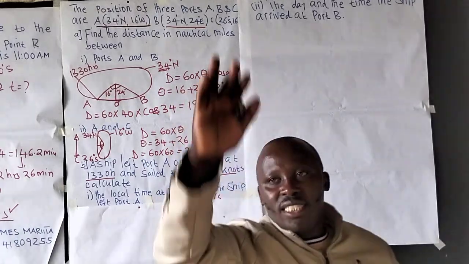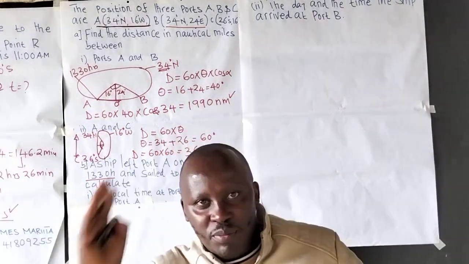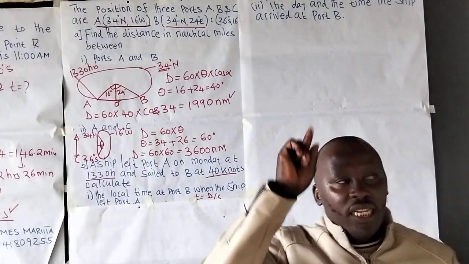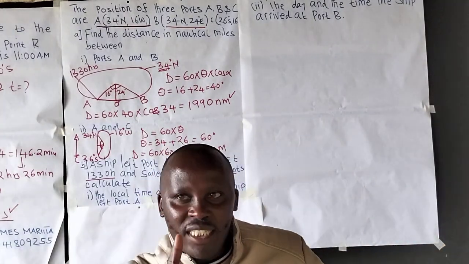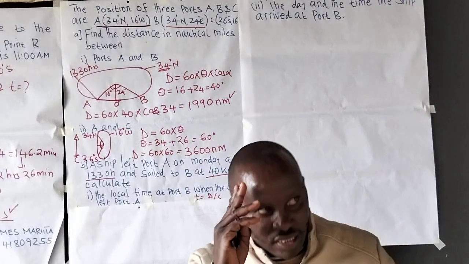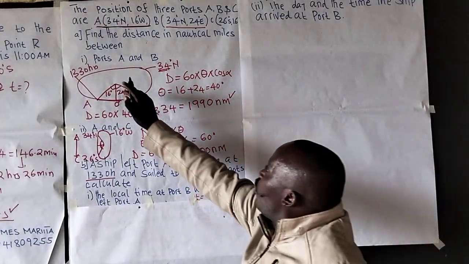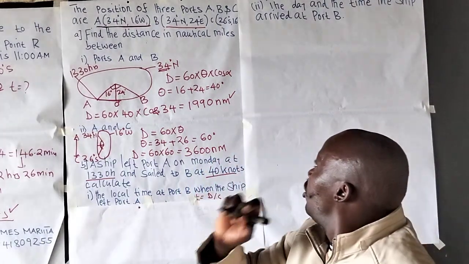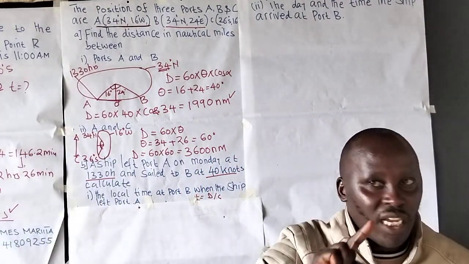So the distance between A and P is the distance along the small circle. The distance between A and C is the distance along the great circle.